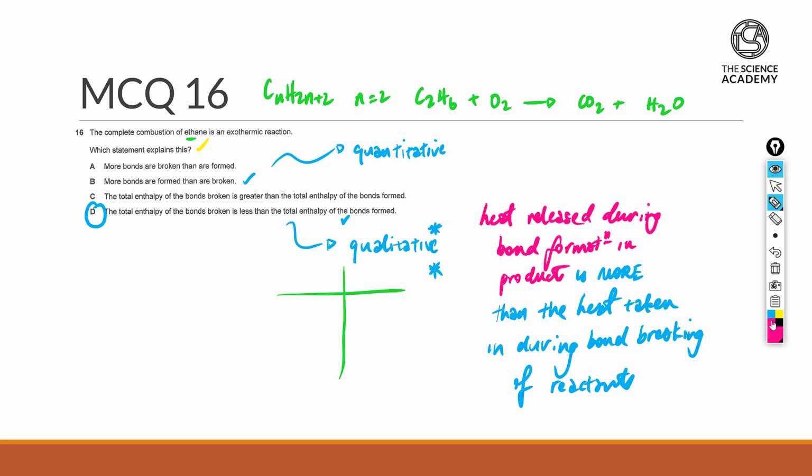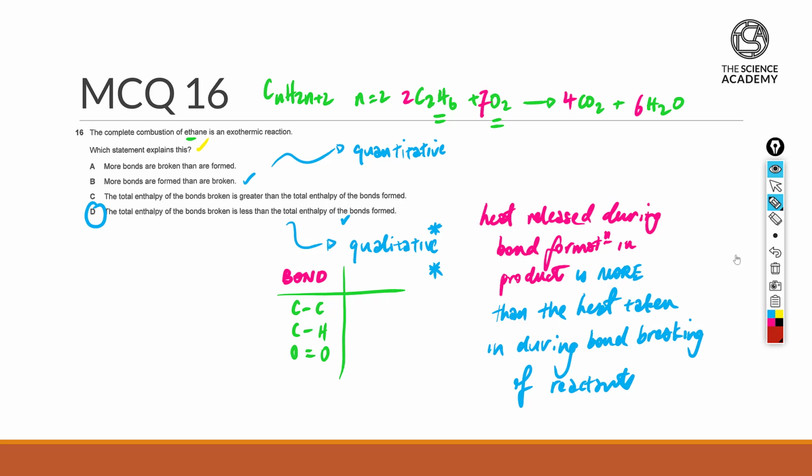Balancing the equation, I'll put a 2, 4, 6, and 7. Now, if the information is given on the kind of bonds that you're going to break, you should be expecting the C-C bond, C-H bond, and O=O bond for ethane and oxygen.